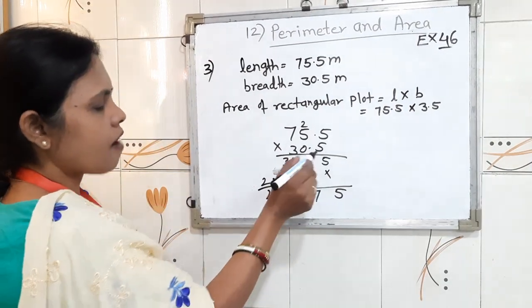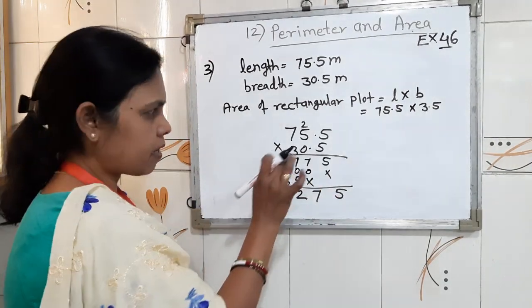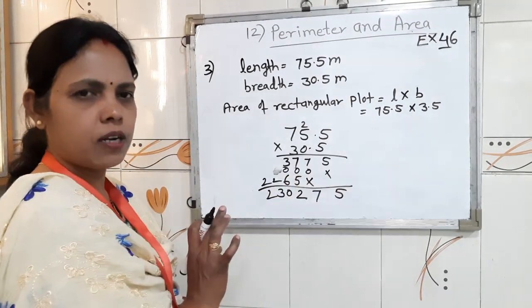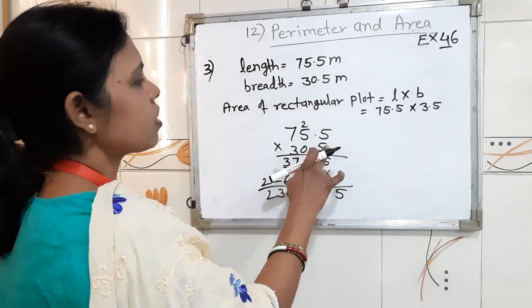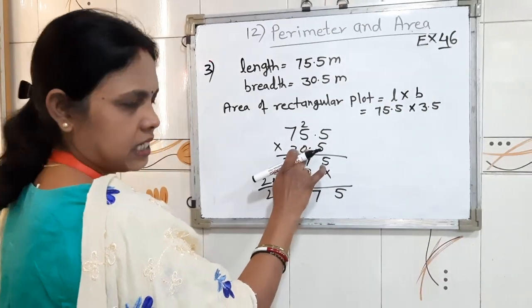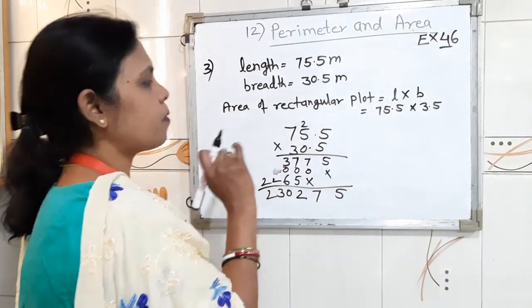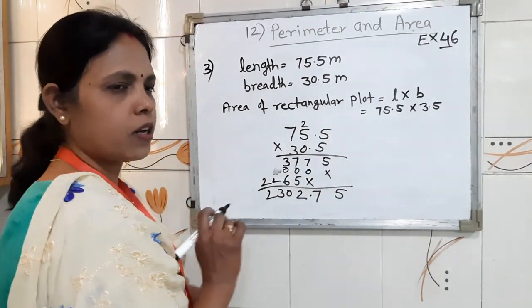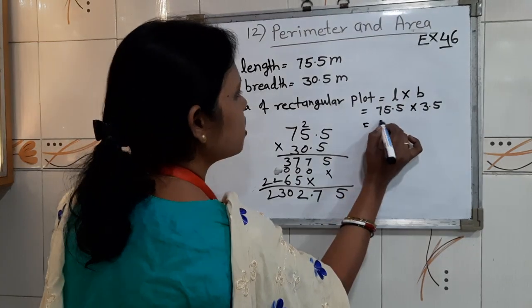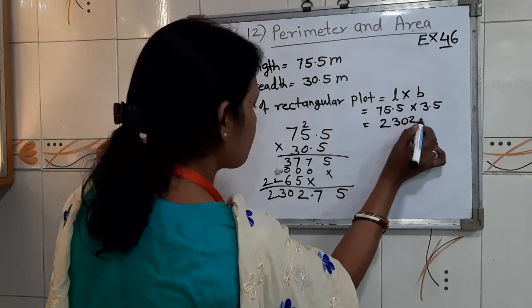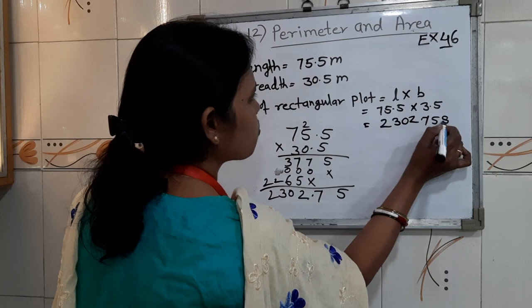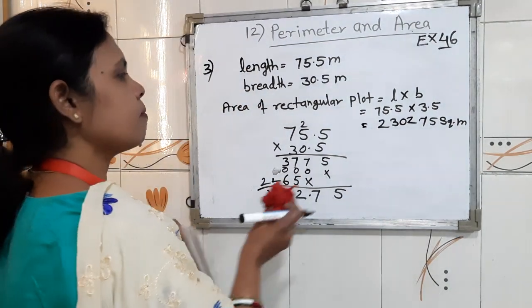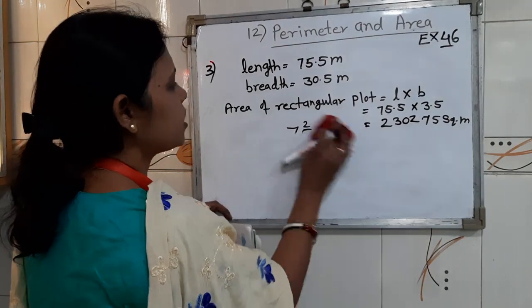So children, after we got the multiplication answer, we will put decimal, and the decimal is after one digit here and one digit up also. That's why after 2 digits we will put the decimal. That's why our answer is 2302.75 square meter. Here it is given meter, that's why write down meter.